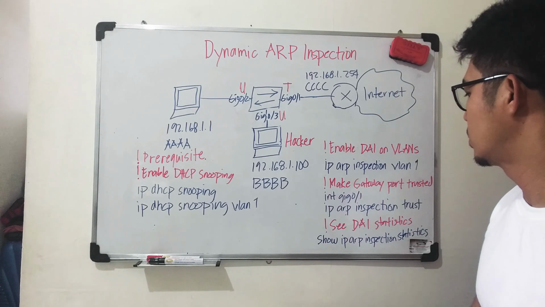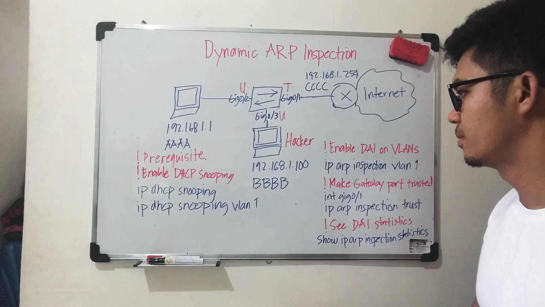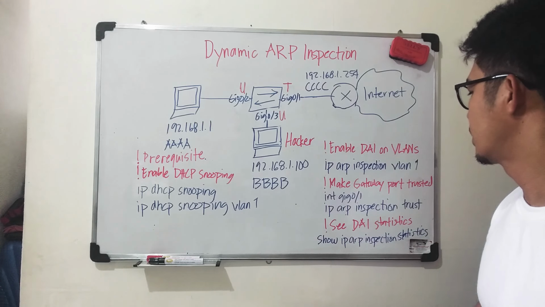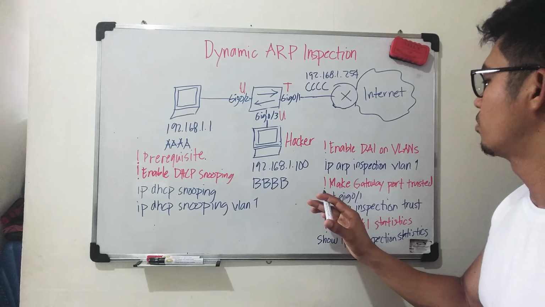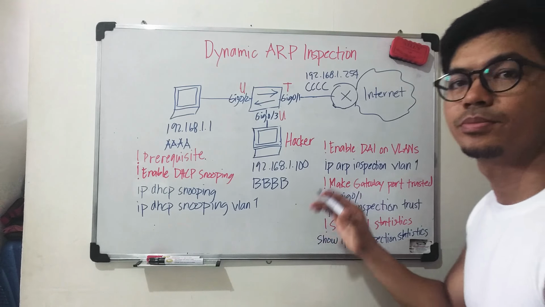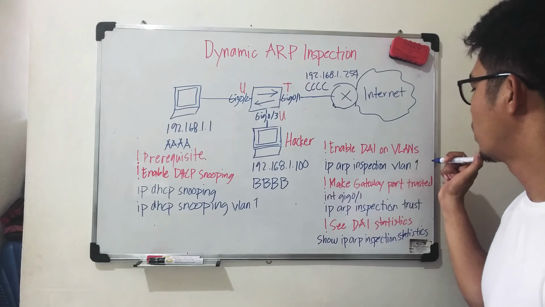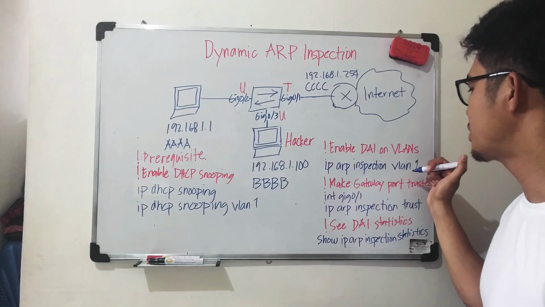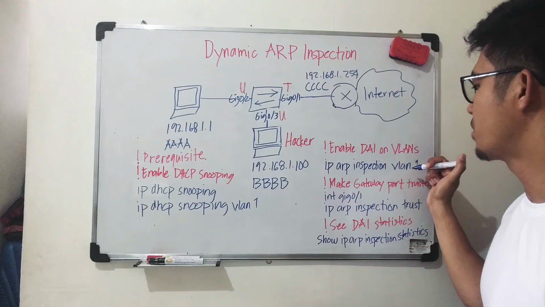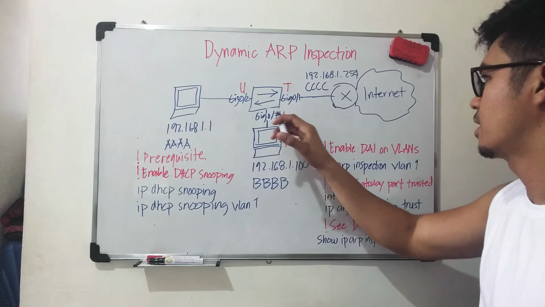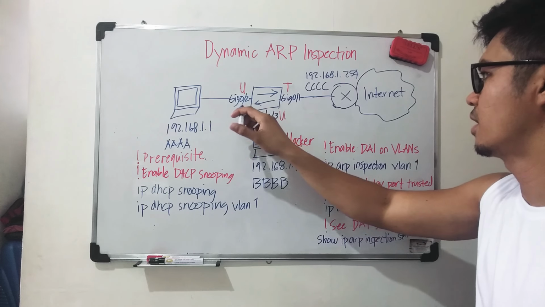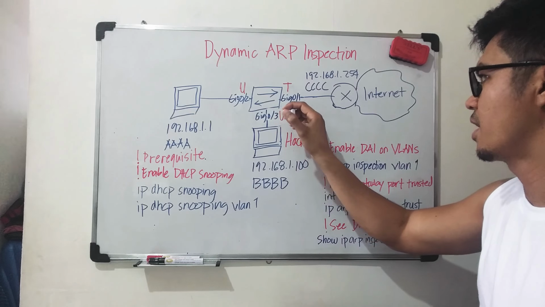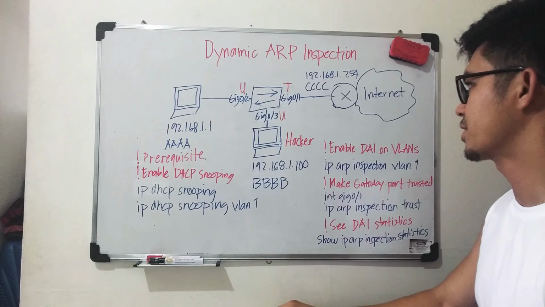And like I said earlier, once you have entered this command, it's gonna make all the ports here, let's say in this example, gig 0/2, gig 0/3, and gig 0/1, untrusted ports.